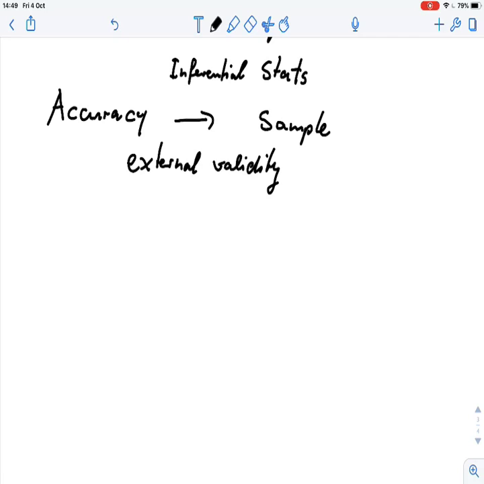Sampling error. I told you, it's like herpes. As soon as you do sampling, you've got a sampling error.